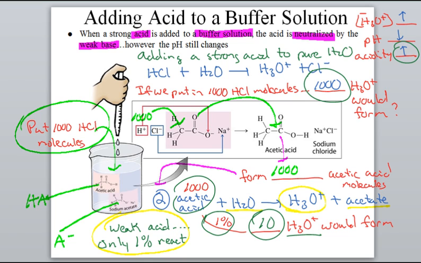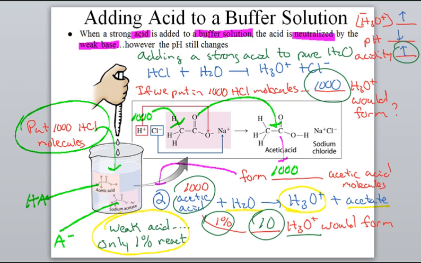So a question on your final exam, and there's practice problems like this. If we added a strong acid to pure water, the number of acid molecules put in, that's how many hydronium ions would form. And again, the label concentration of a strong acid is really the hydronium ion concentration.